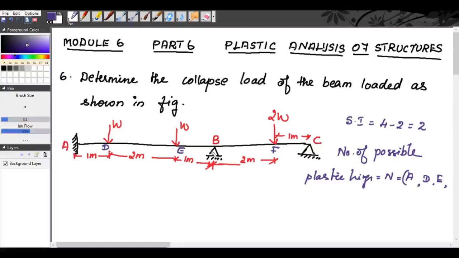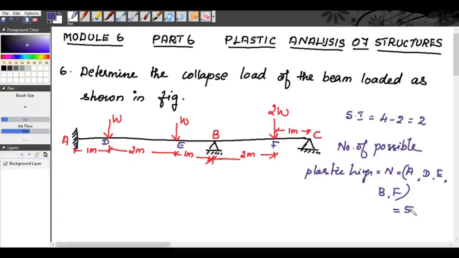Now B is an intermediate support. Intermediate supports are assumed to be fixed supports, so at B you will have a hinge. At F we have a concentrated load, so at F we have a hinge. C is a simple support, so we do not have a plastic hinge; we will have only a mechanical hinge at C. So the total plastic hinges are at A, D, E, B and F. The total number of plastic hinges is equal to 5.